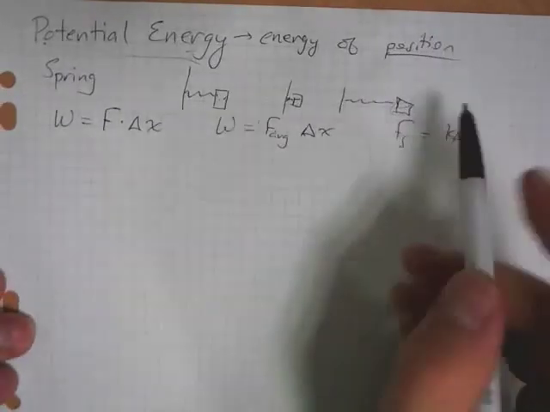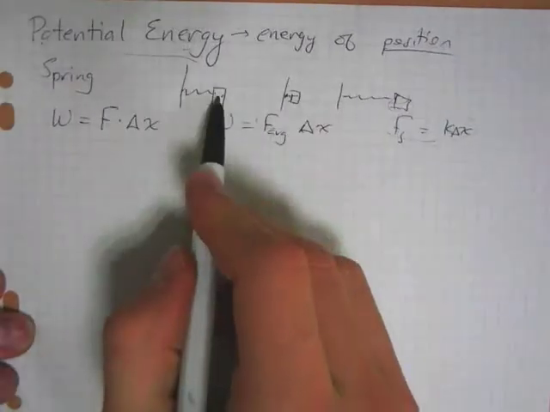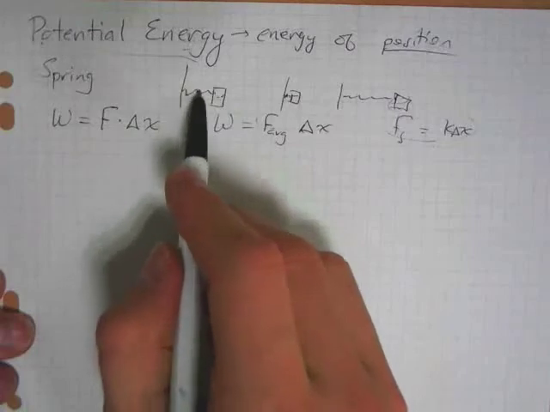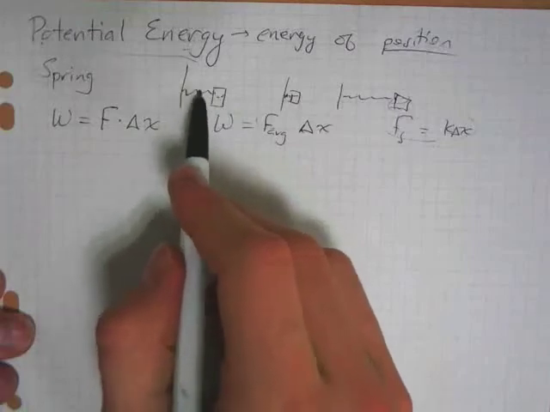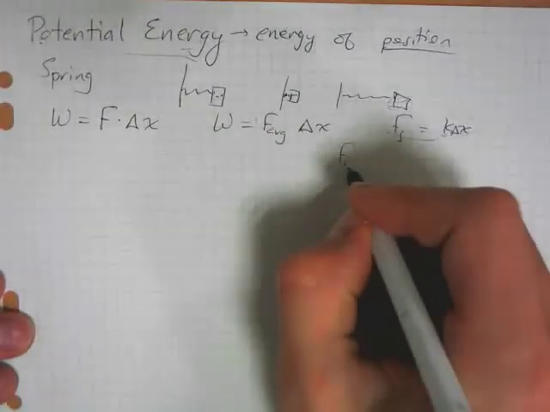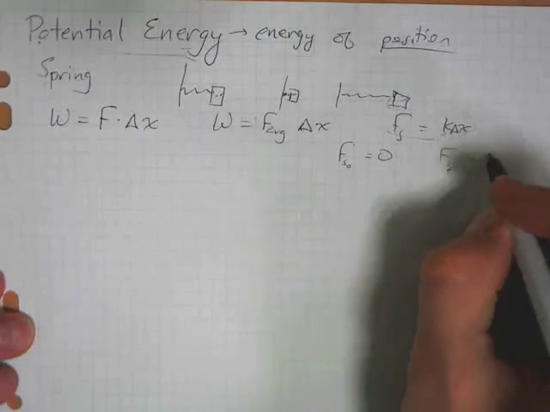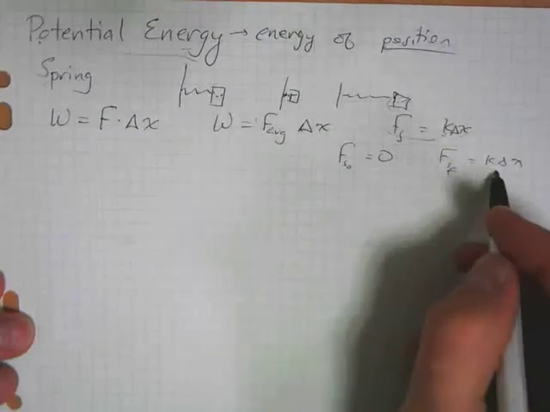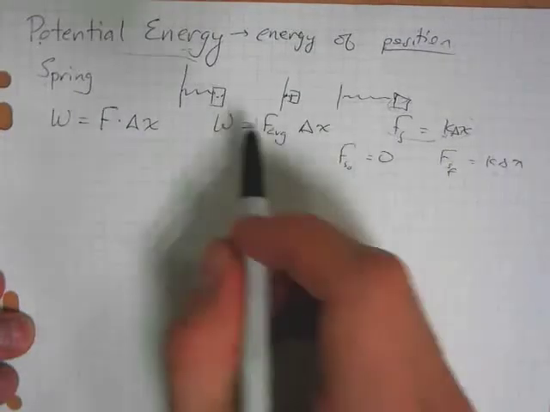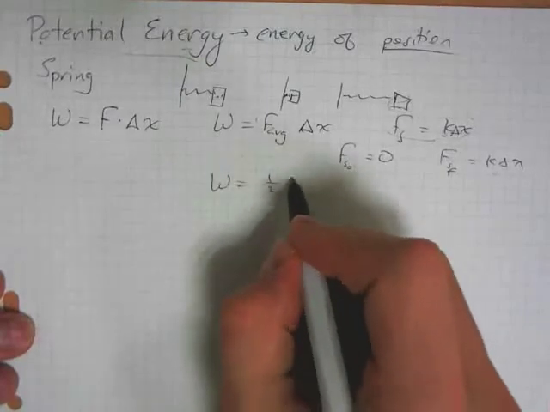So the spring force increases linearly, and at equilibrium we have zero spring force, and then when we get to some delta x, then the force is k delta x. So the initial spring force is 0, the final spring force is k delta x, and it increases linearly, so the average force is then 1/2 k delta x.